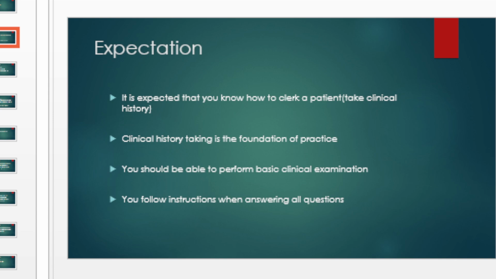We expect that you know how to take history of presenting complaint, talking about the course, which is how the symptoms started, how it has progressed, whether it has regressed or it has not, whether it has worsened. Then you talk about the cause. What's the possible cause for the symptom? For instance, if the patient has cough, what is the possible cause of the cough? Is it respiratory or cardiovascular? And if it is cardiac, is it heart failure?